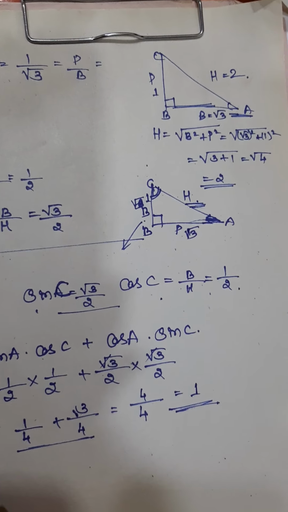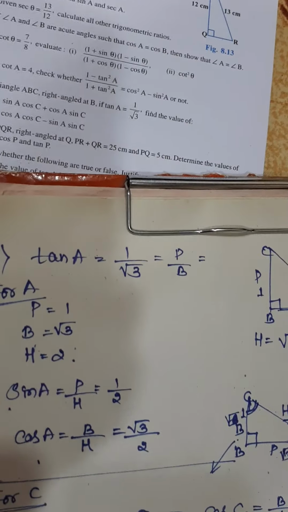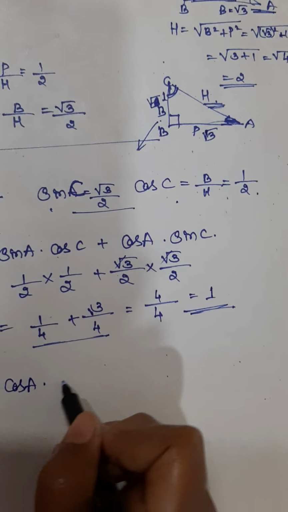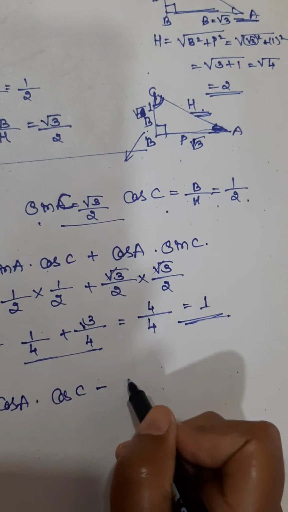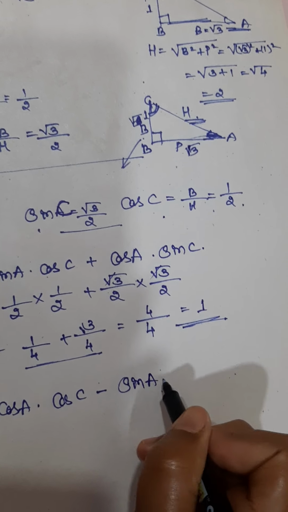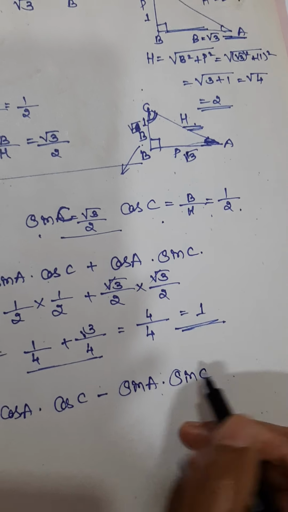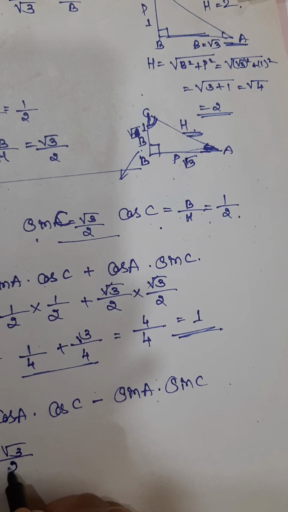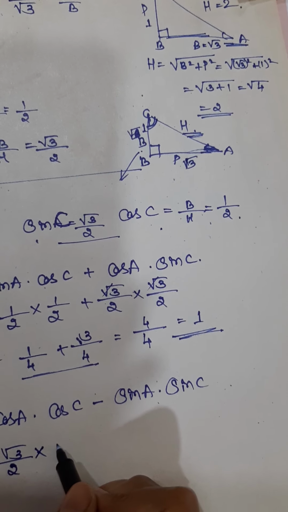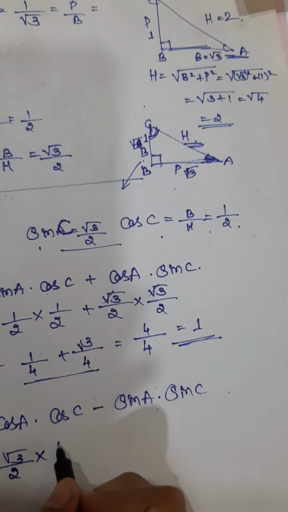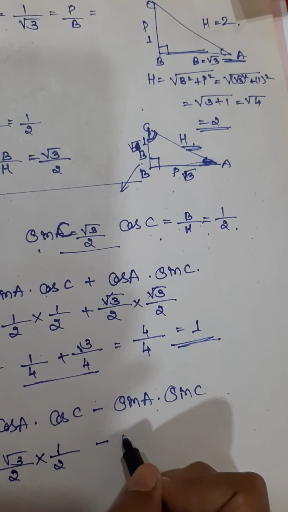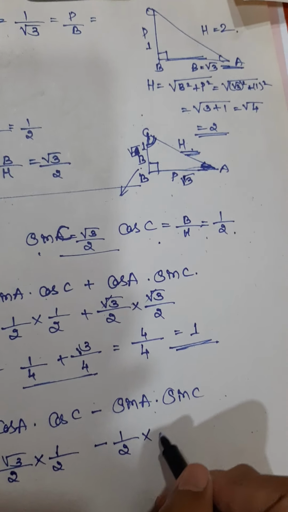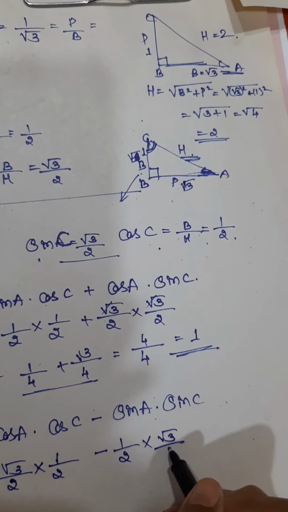So in the same way solve our second one. What is that? Cos A into cos C minus sin A into sin C. Cos A value is square root of 3 by 2 into cos C value is 1 by 2 minus sin A value is 1 by 2 into sin C value is square root of 3 by 2.